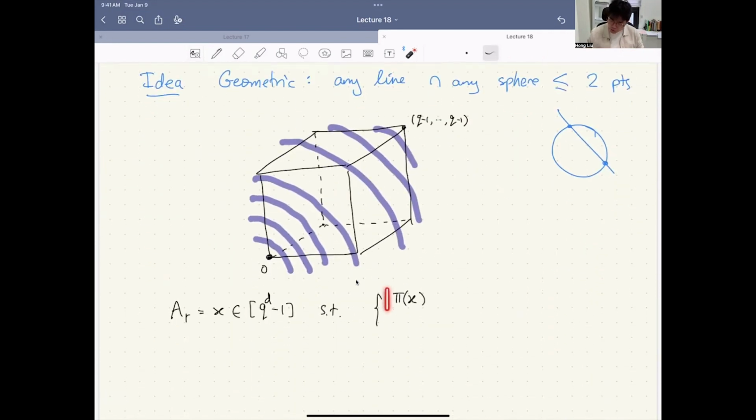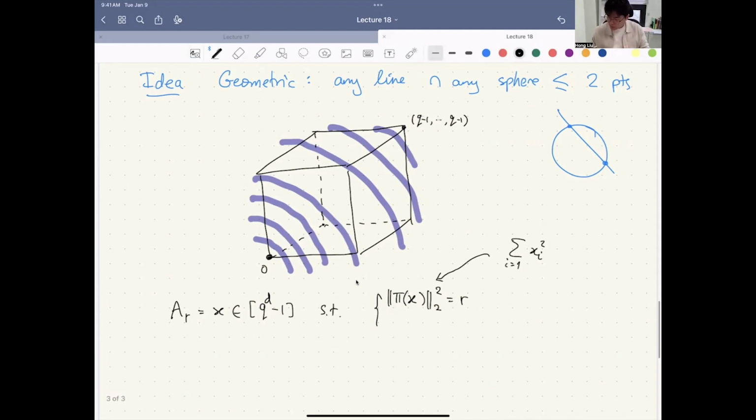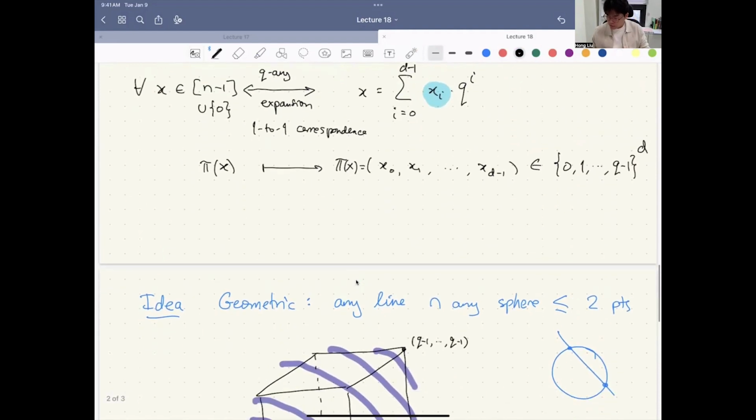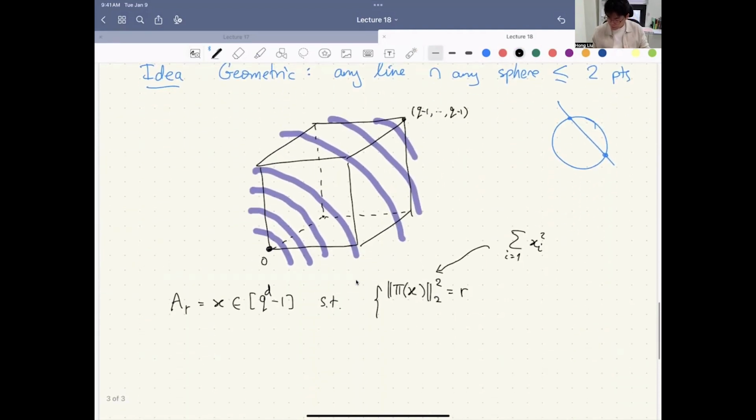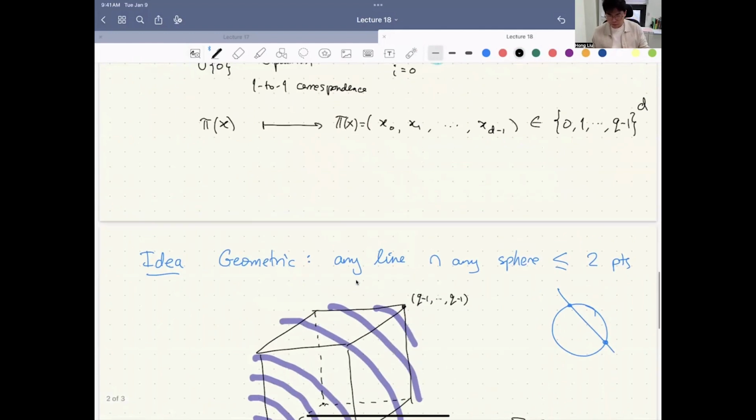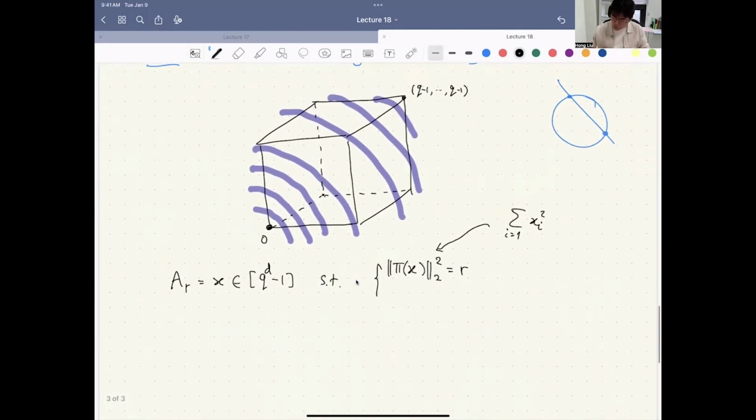So look at the L2 norm, the little L2 norm, squared equals r. This is nothing but the sum of x_i squared, i from 0 to d minus 1. Okay, sure.